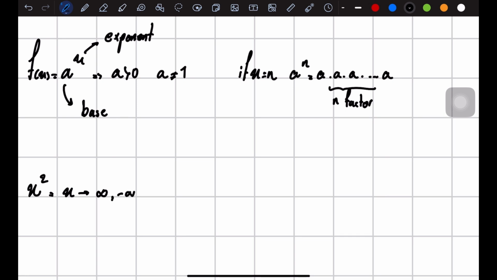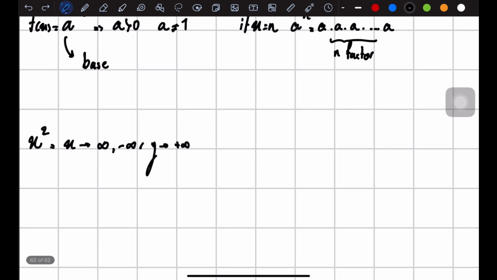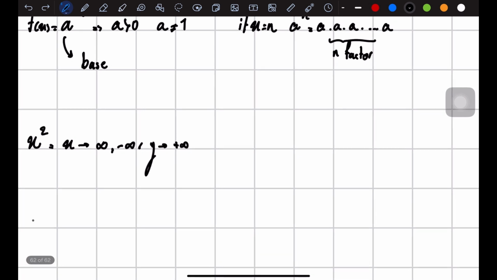Just because this one is to the power of 2, y only approaches positive infinity.